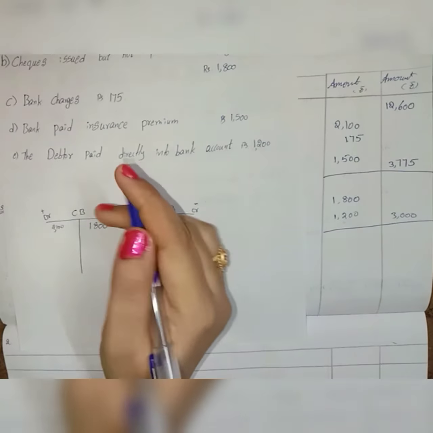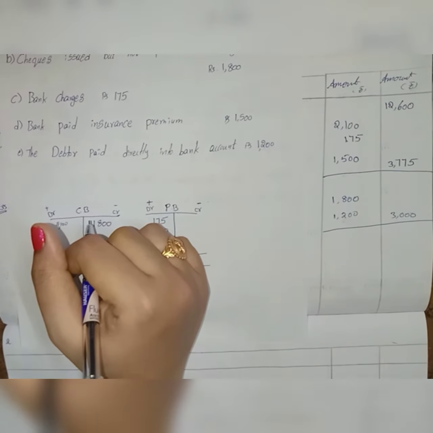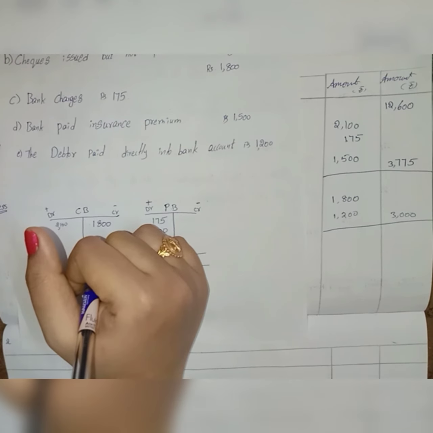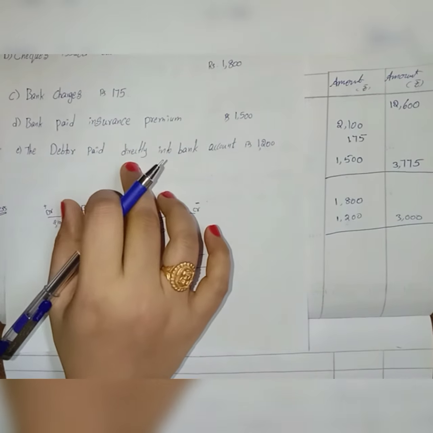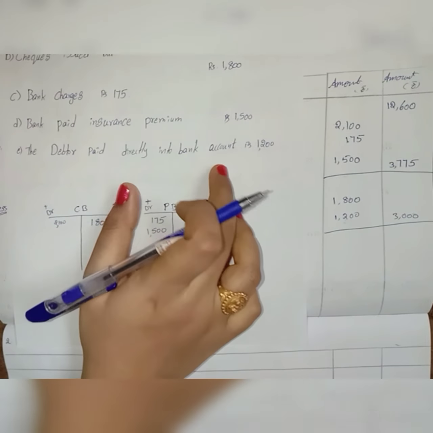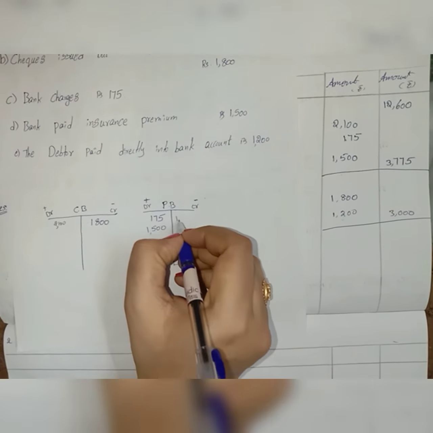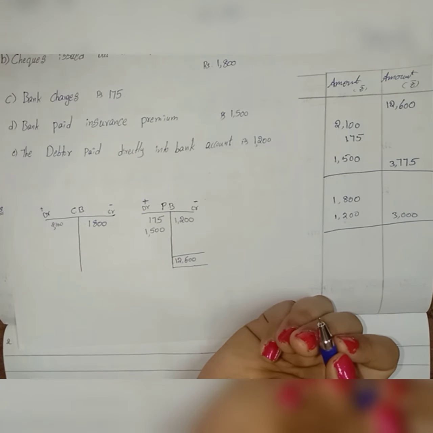And next, the debtor directly paid to the bank. It is an asset for us, collected money. Some debtor paid the amount directly through the bank, so it is on the credit side of the passbook.